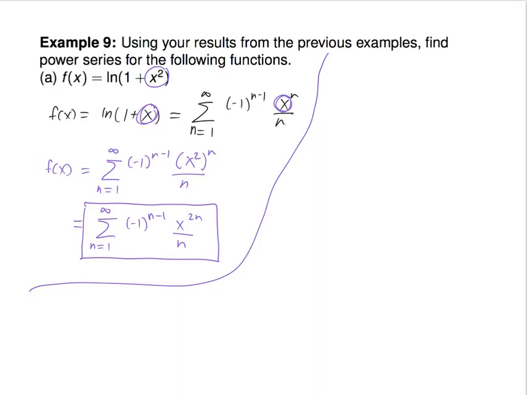So you could have also said, well, f prime of x is x over 1 plus x squared, right? Yes? So then you could have said the ln of 1 plus x squared is the integral of x over 1 plus x squared. That would work too.